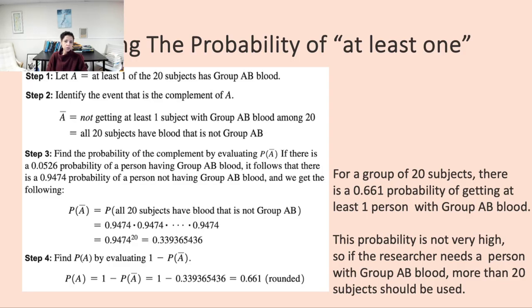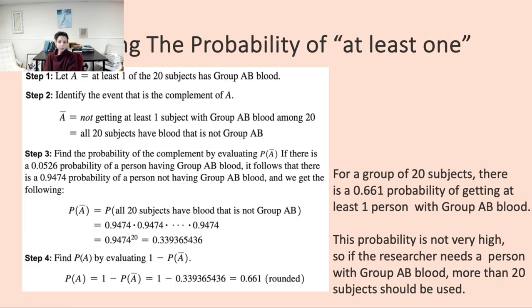That's equal to 1 minus the probability of the complement. So the probability of getting 1 out of 20 is equal to 1 minus the complement of that, getting 0 out of 20. So that's 1 minus 0.339, and that gives us 0.661.